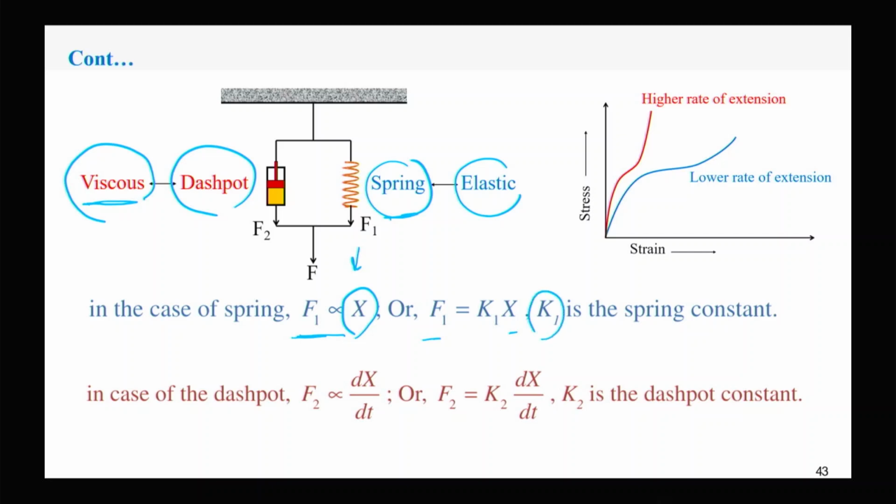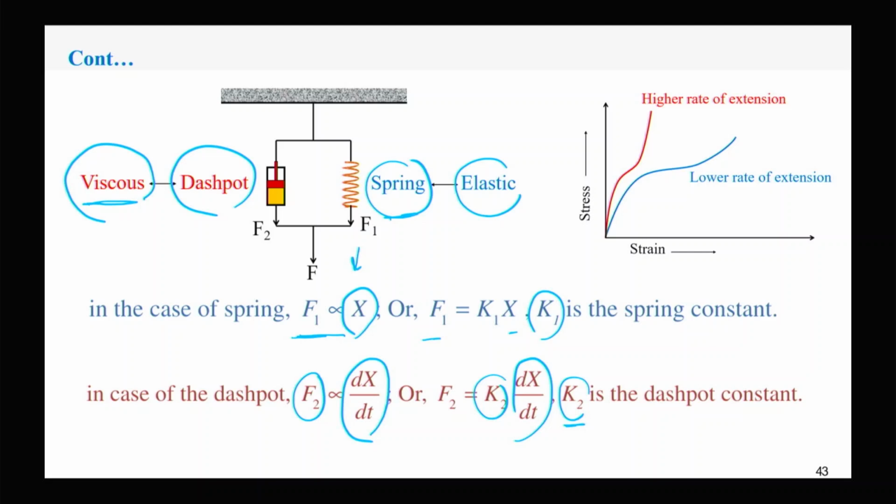And in case of a dash pot, the force or resistance is proportional to the rate of extension. It's not the extension, it's the rate of extension, and K2 here is the dash pot constant.